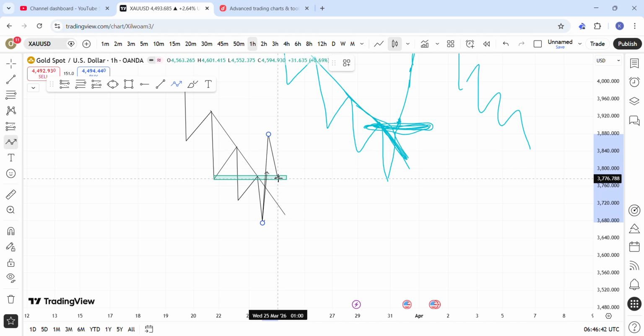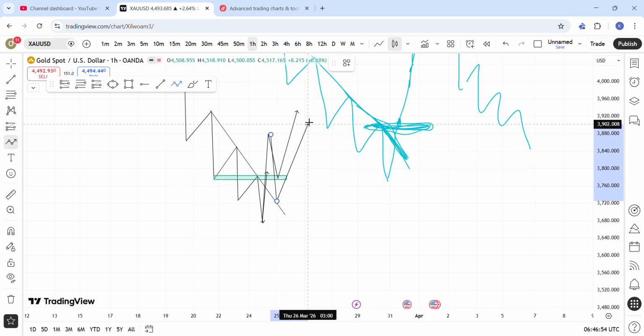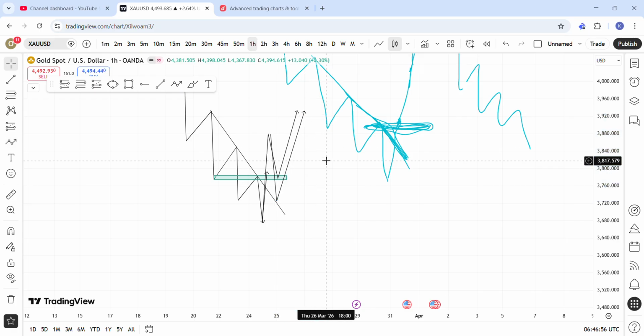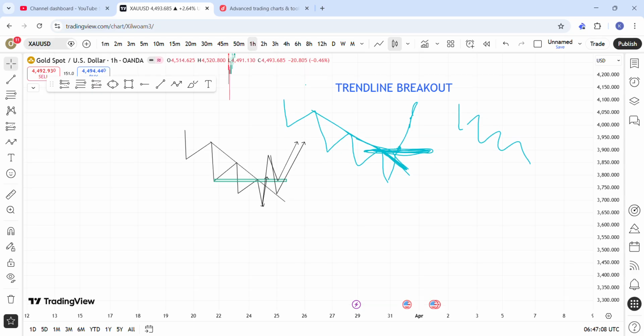Either it hits here and goes, or it hits here. You understand? So one of these is bound to happen. Same thing for uptrend, sorry, for downtrend too. Price goes like this.